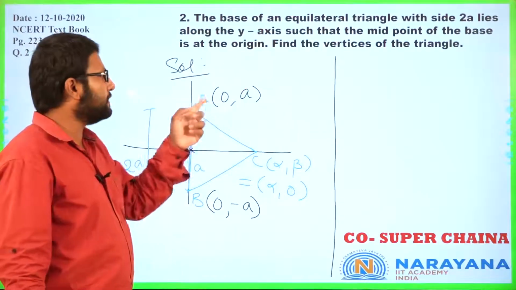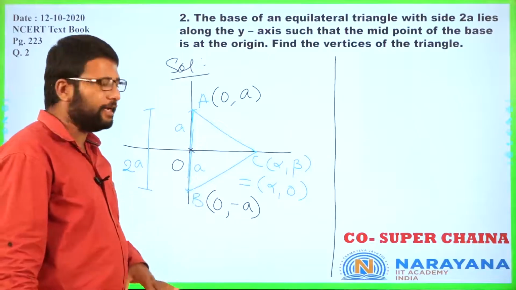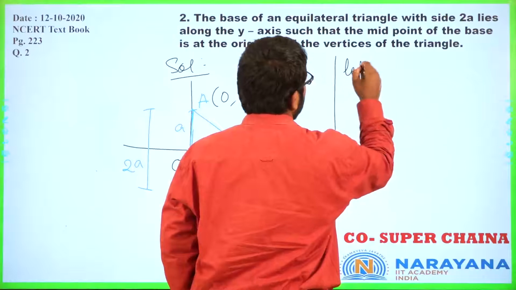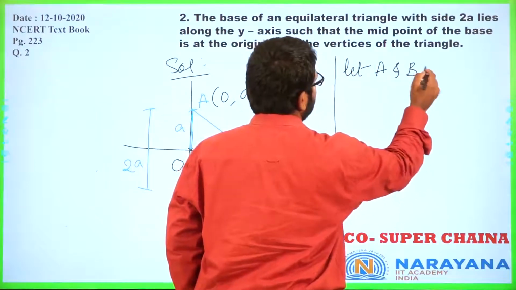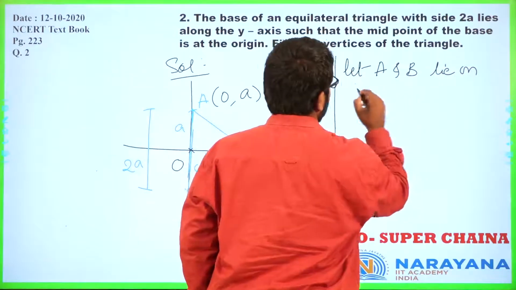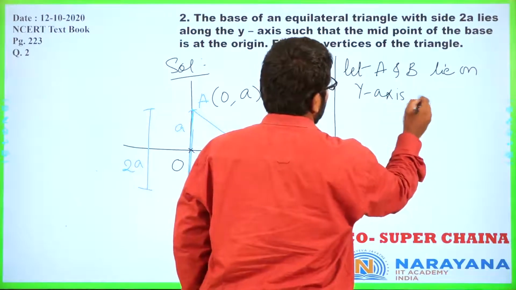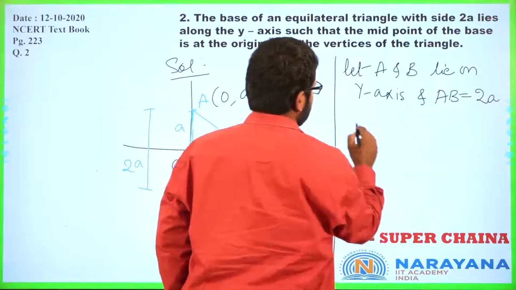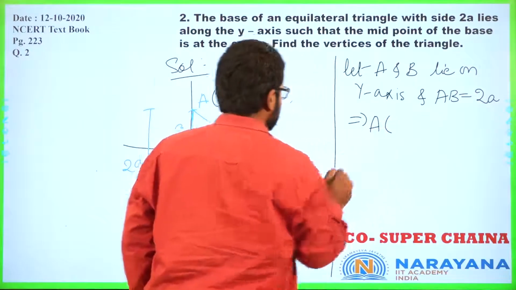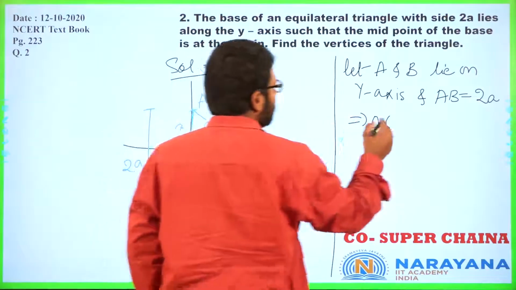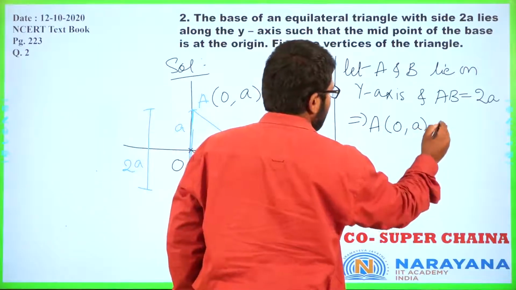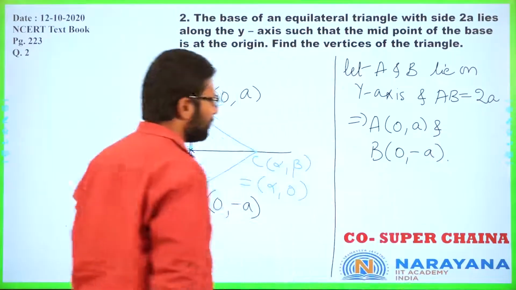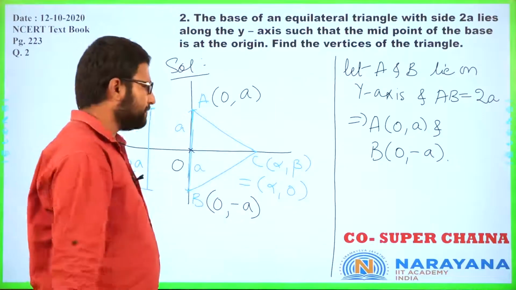They want 3 vertices, we already have 2 vertices, right? Let us write that down first. Let A and B lie on the y-axis and AB equal to 2A units. Which means vertex A will have coordinates 0 comma A and vertex B will have 0 comma minus A. That is the first conclusion.